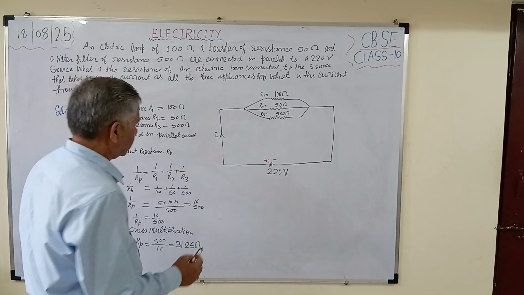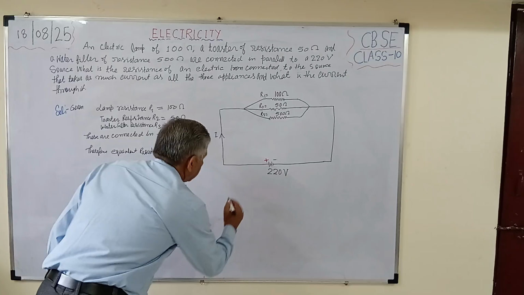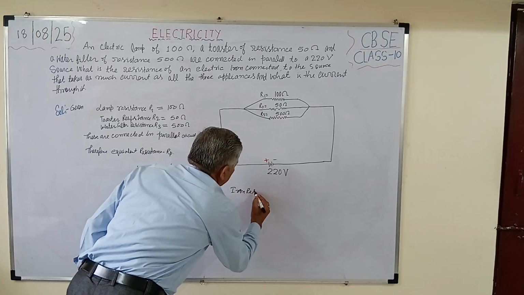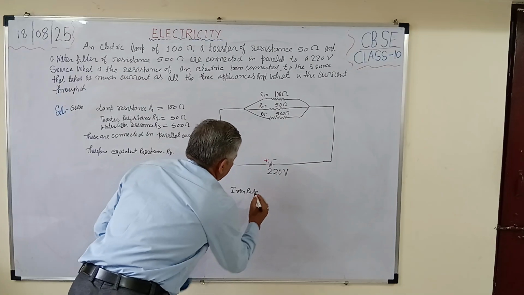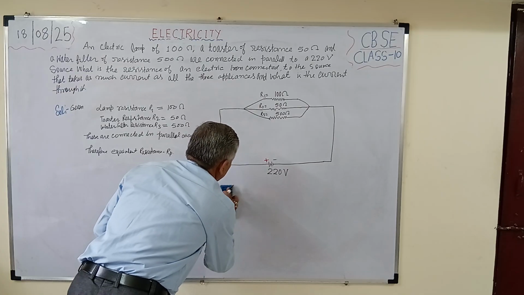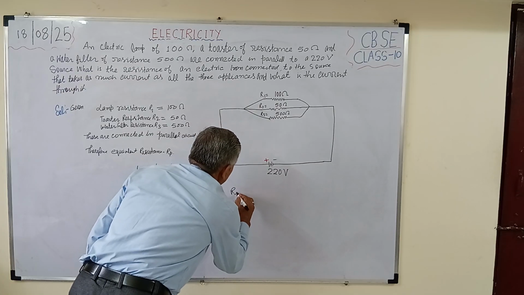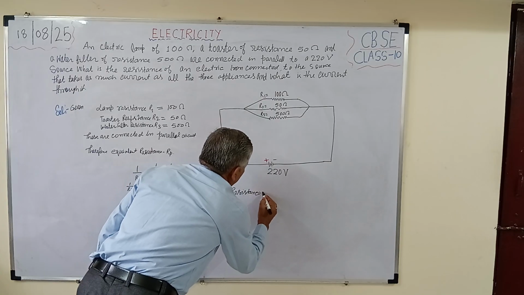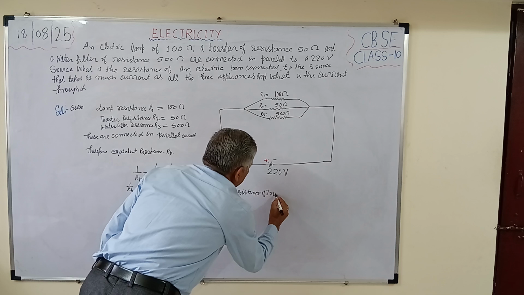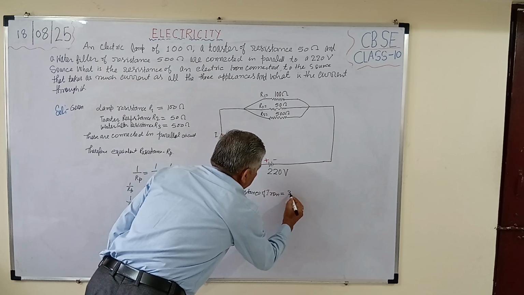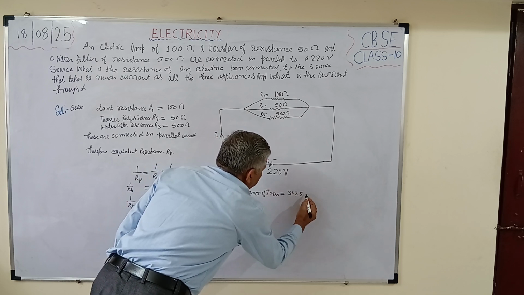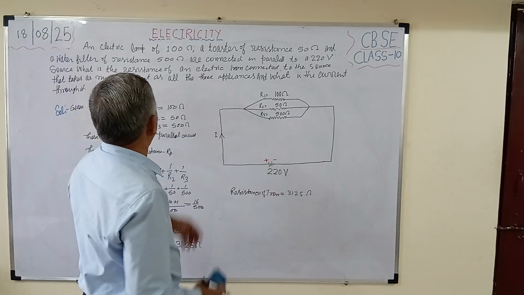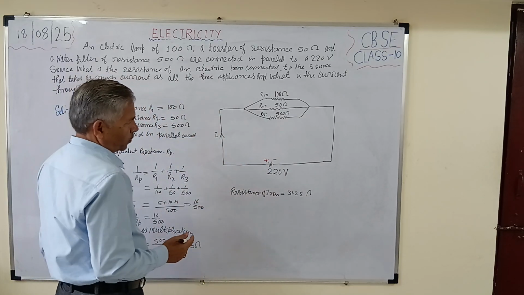So we can say that the resistance of iron equals 31.25 ohm, since its resistance is equal to the resistance of all the three appliances.